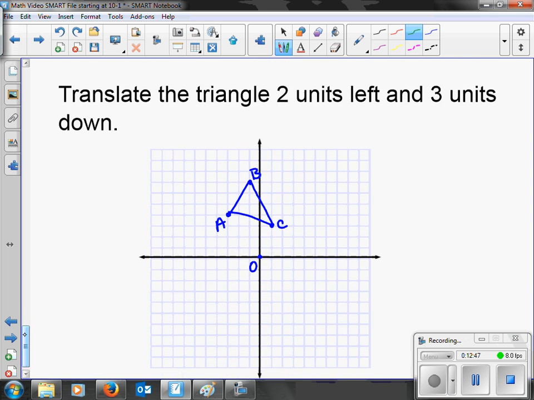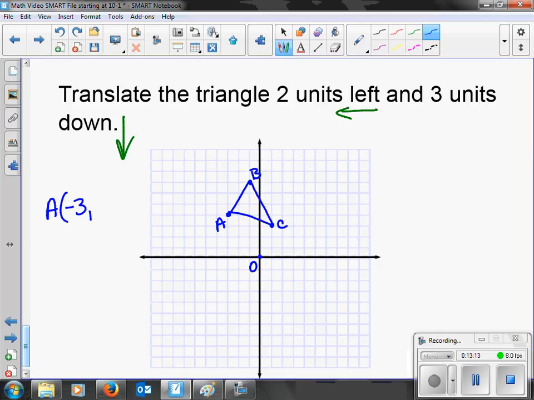Okay, problem for next class. Yes, you need graph paper. So you have to translate the triangle 2 units left, and 3 units down. Okay, so we have A. Let's do our ordered pair here to find where the location is. So A is 1, 2, 3 units over, so minus 3 because it's to the left there.